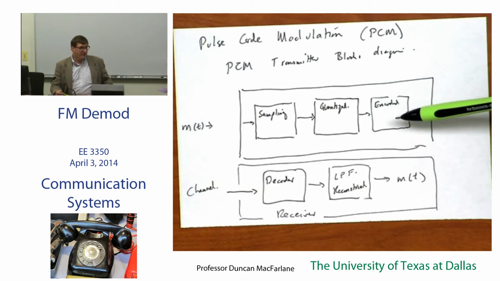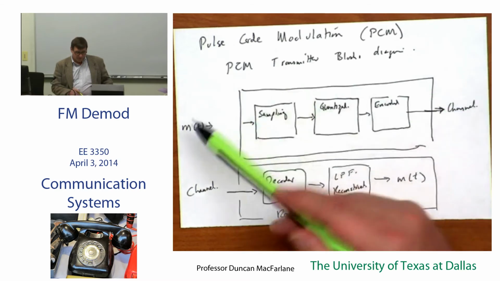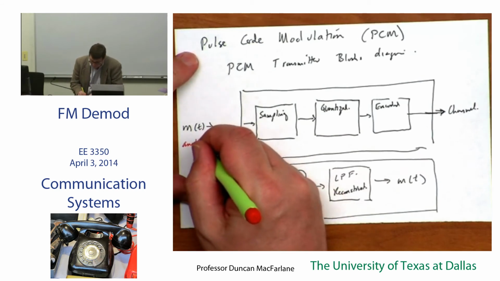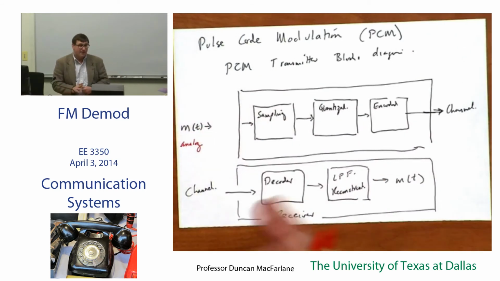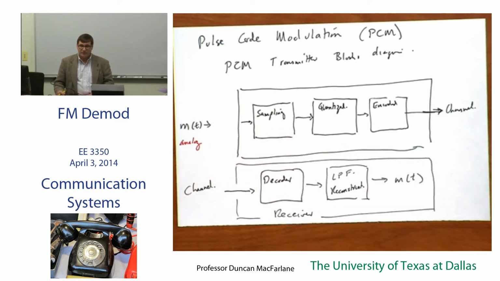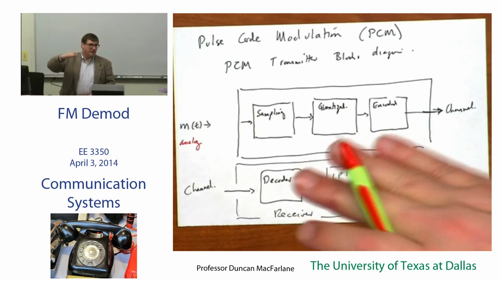A couple of things to bear in mind. The input signal is analog. When we sample it, we sample that analog signal probably at a certain constant rate. So we only have discrete samples. The height of those samples can be anything.